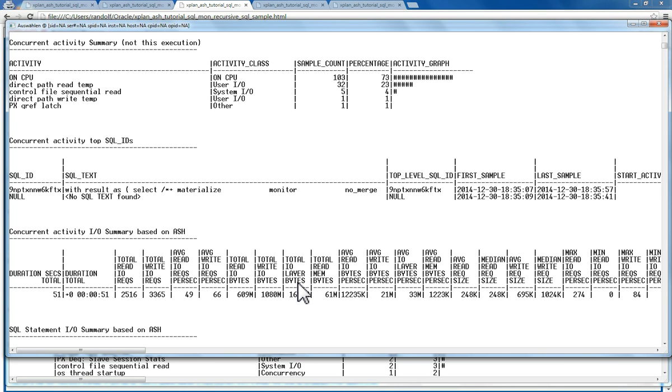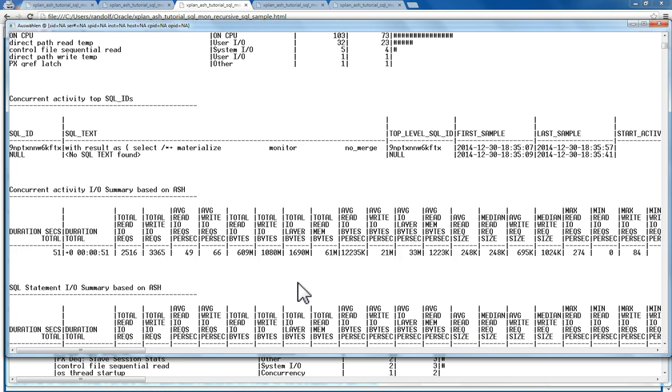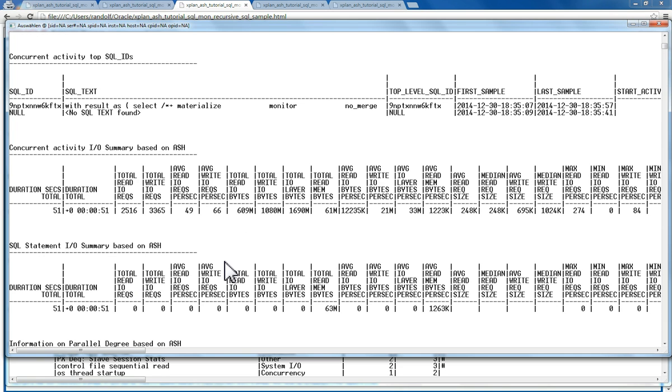So this gives you the I/O information for the concurrent activity, and the next section is exactly the same, but now we return to the main SQL execution analysis. So this is the same I/O information for the main SQL execution.